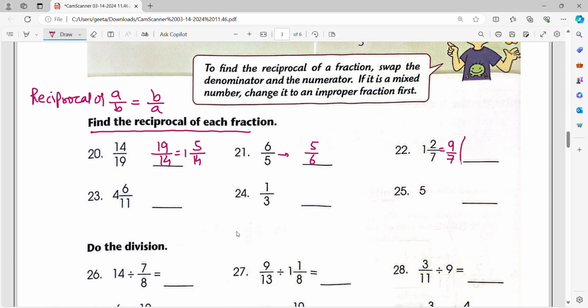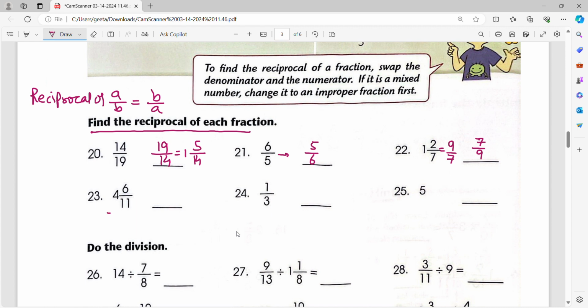Now can you tell me the reciprocal of 9 by 7? 7 over 9. Simple as that. Okay, I'm rubbing this out because they have asked for the reciprocal part, and I have written 7 over 9.